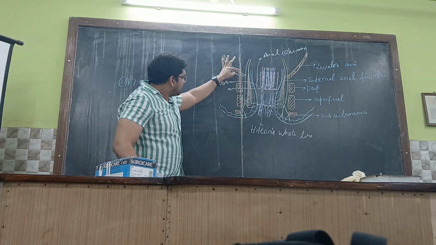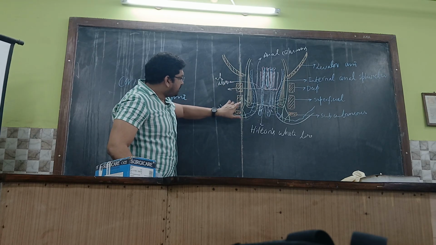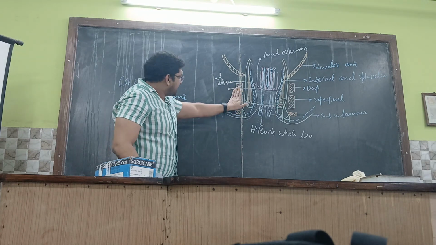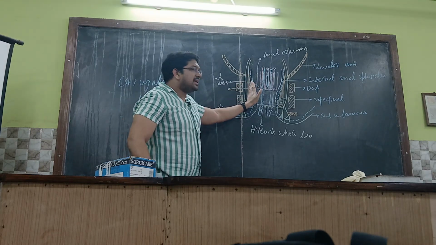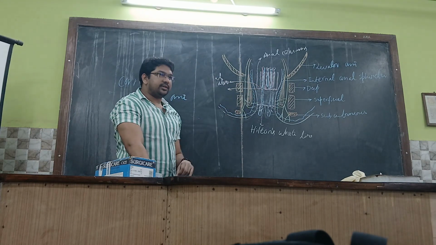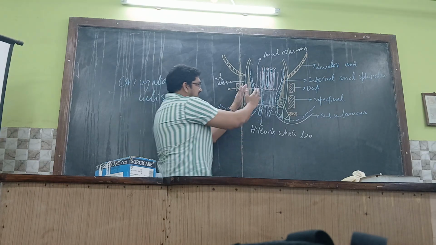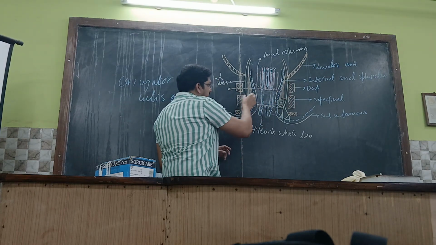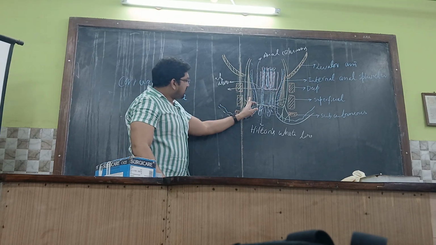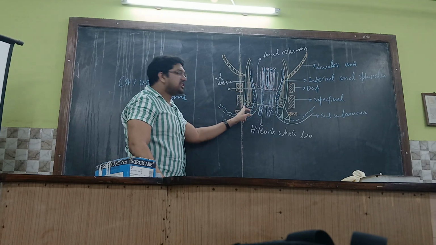Further beyond, these three groups of muscles belong to the sphincter ani externus. Sphincter ani externus over here, sphincter ani internus over here. Both are divided by a fibrous sheath. Getting it? So the anal canal is surrounded by the internal anal sphincter, and the external anal sphincter further outwards. Both are separated by a fibrous sheath.